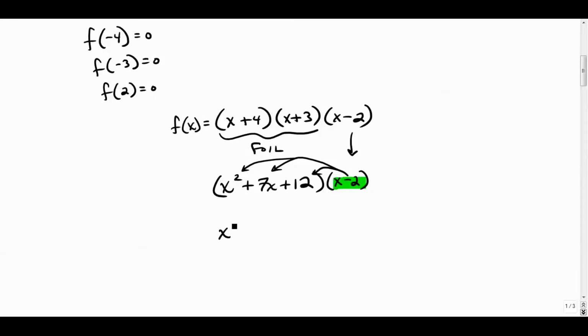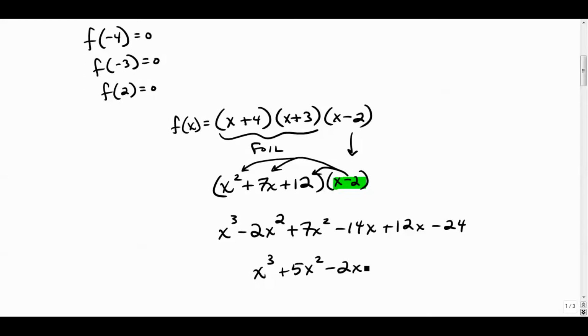So x to the 3rd minus 2x squared plus 7x squared minus 14x plus 12x minus 24. Simplify: x cubed plus 5x squared minus 2x minus 24. This is our function.